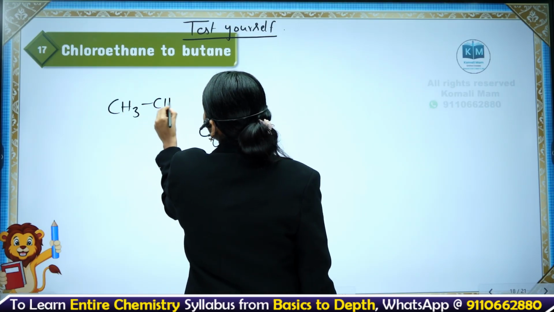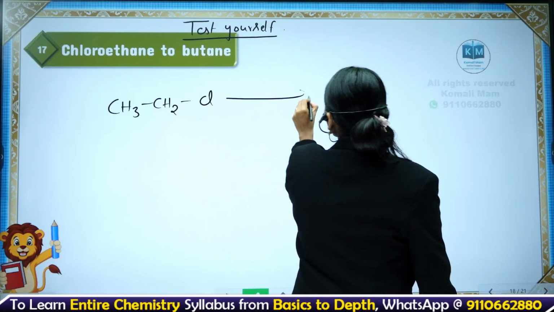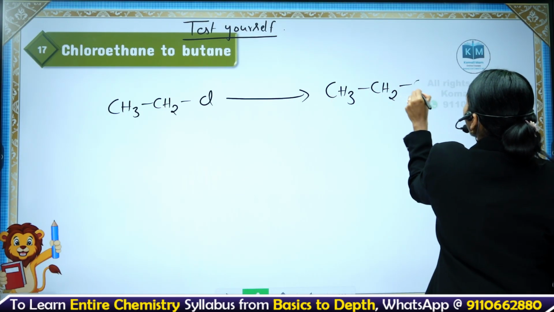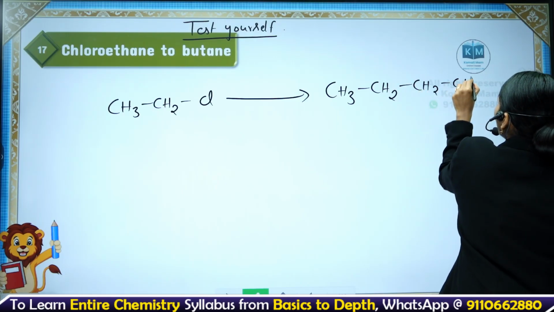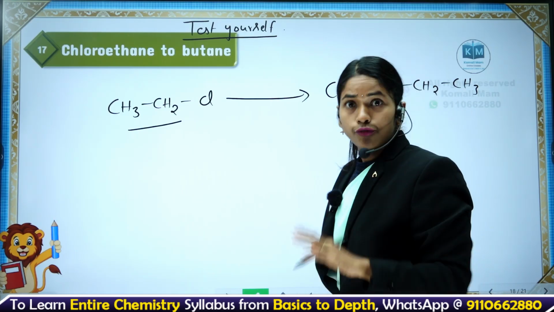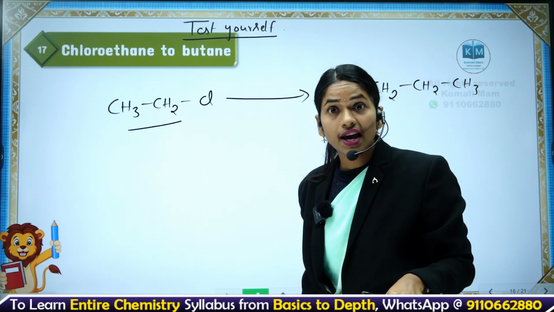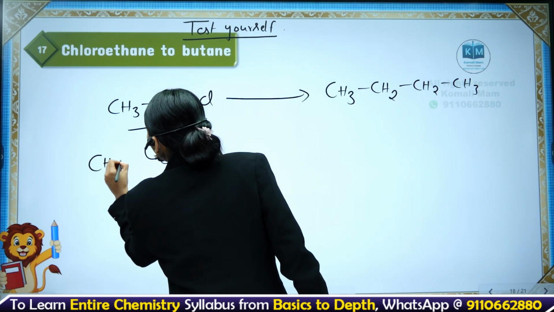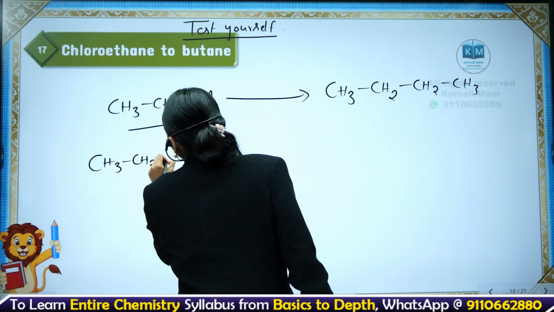Chloroethane to butane. Butane is how many carbons? Total 4 carbons. So how can you convert a 2 carbon alkyl halide to a 4 carbon alkane? What is a famous reaction? Wurtz reaction. What is a Wurtz reaction, students, tell me? CH3, CH2, Cl.